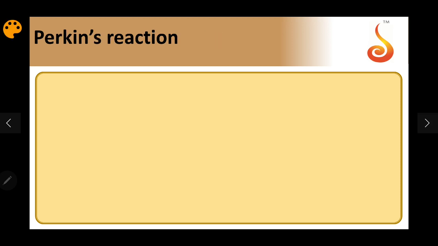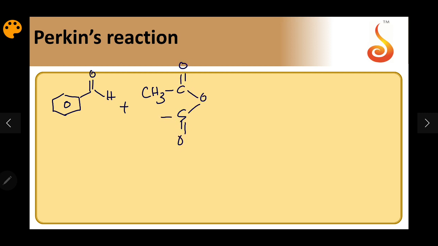Perkin reaction. This is also a specific reaction of aromatic aldehydes. It reacts specifically with benzaldehyde, and we should have an acid anhydride. I am taking acetic anhydride as the example, and the sodium salt of the same acid.